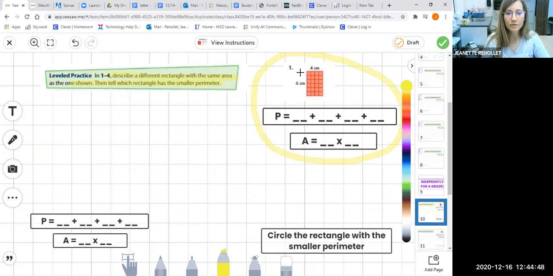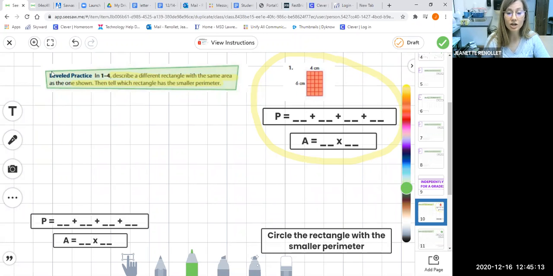They give you a shape with a length and a width. You need to find the area of the shape and the perimeter. Then you will think about a different shape with the same area. It will look different than 6 times 4.